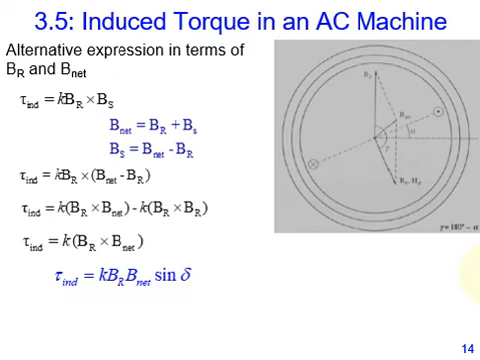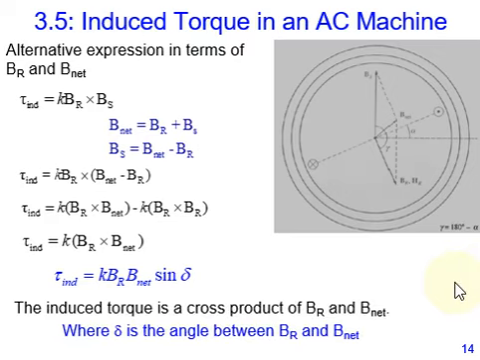If we open this cross product, it becomes K times the magnitude of Br, the magnitude of B net, and sine delta. The induced torque is a cross product of Br and B net, as we have already discussed, where delta is the angle between them.